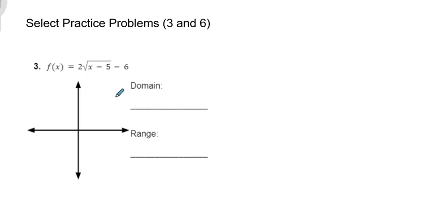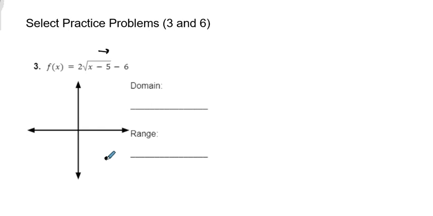Before I do that, though, I just want to point out that I can predict some of the behavior of this, right? Because it's subtracting 5, that means this is going to be moving to the right 5 units. So if we had a graph, we would go 1, 2, 3, 4, 5, and then it would be going down 6. So if I'm correct, this is where it's going to go.